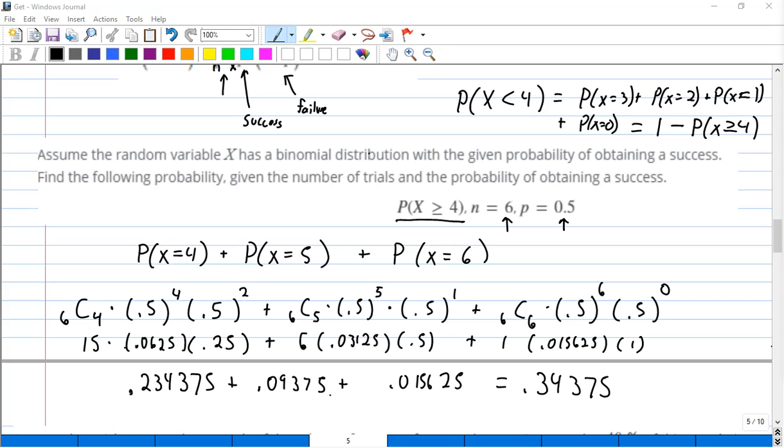Let's see if I can find one where using the complement would be faster. Because sometimes that's what we want. We want to be able to find the answer as fast as possible, right?